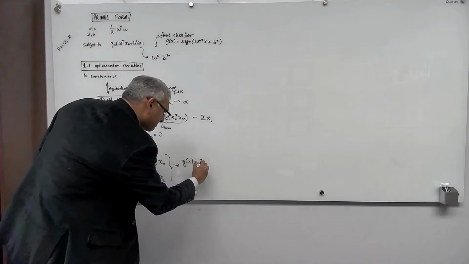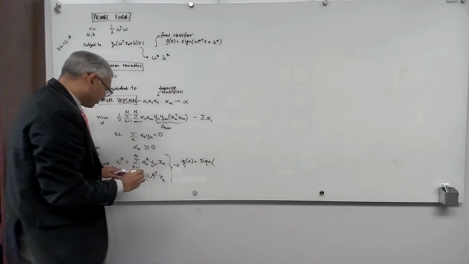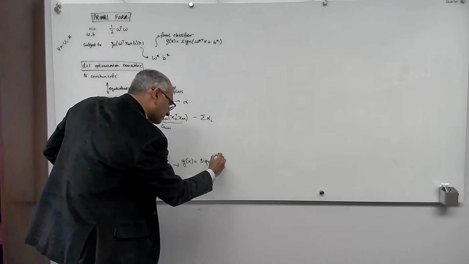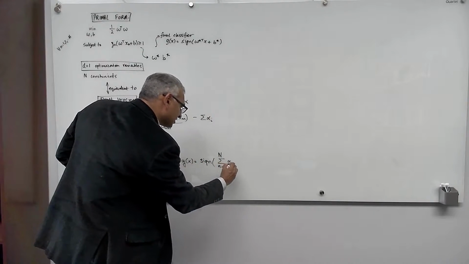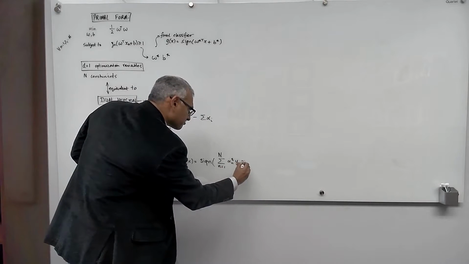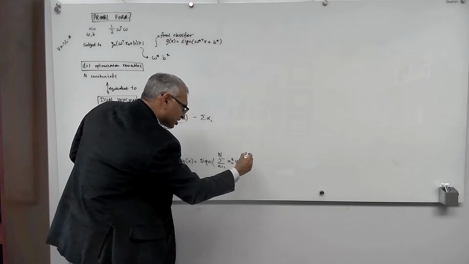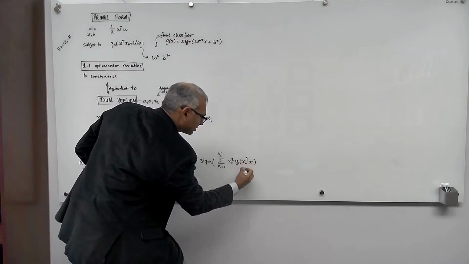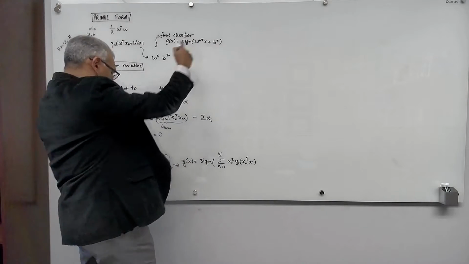So it's the sign of this guy transpose. So the sum from n equals 1 to big N, alpha n star, yn, xn, and we take the transpose, times x, put this in parentheses, plus b star.